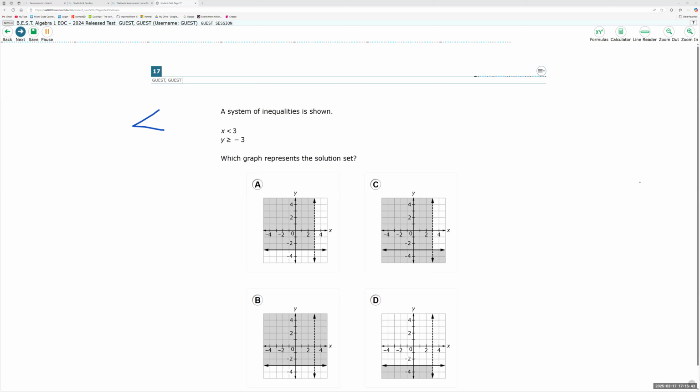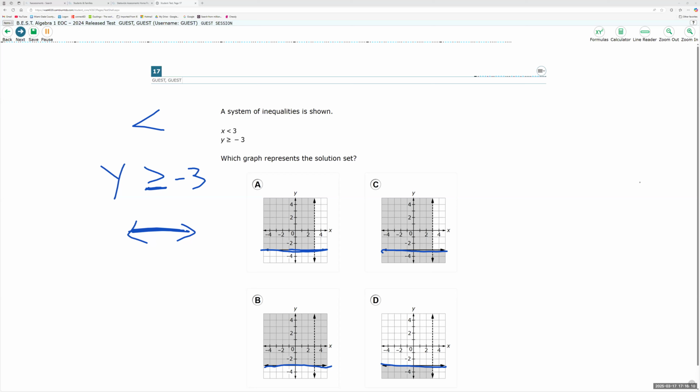Then Y is greater than or equal to -3. So I need a horizontal line that is solid. Because of this, the line has to be solid at -3. And all the graphs have it at -3. And the dotted line at +3 for X, vertical line.